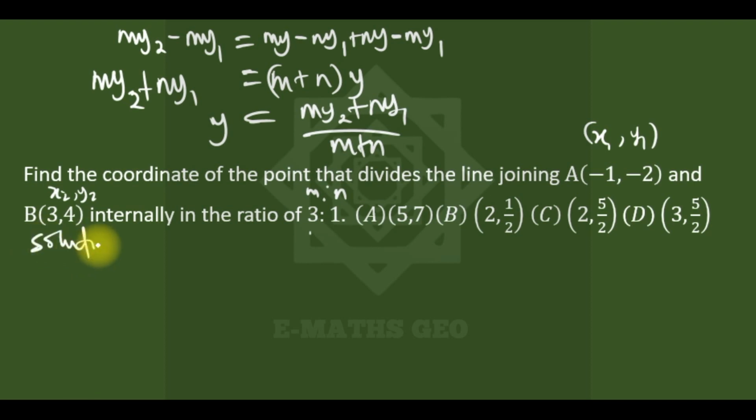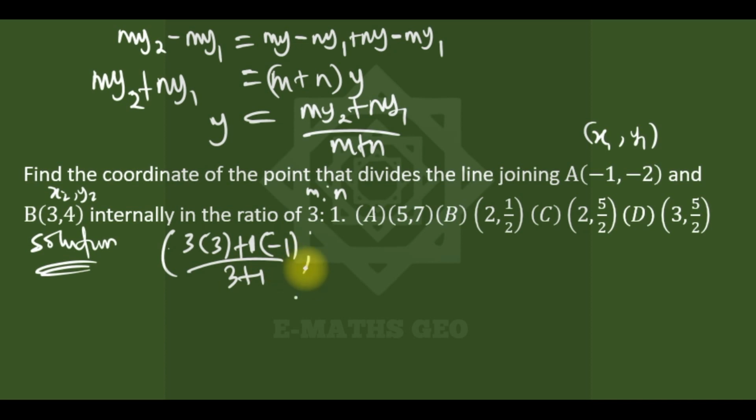So the answer is now straightforward. For the x coordinate, it's m times x2, so 3 times 3, plus n is 1 times x1, which is minus 1, over 3 plus 1.